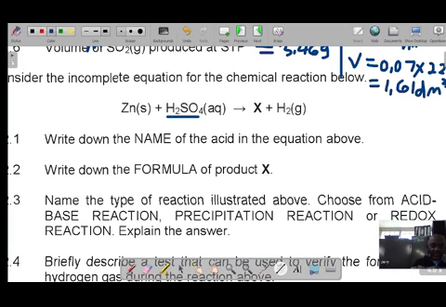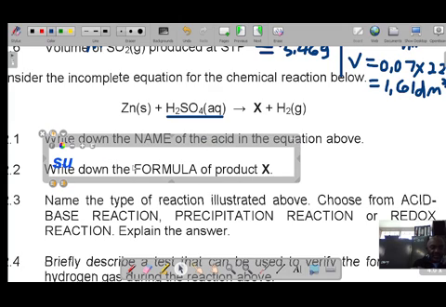So what's the name of this acid? It is called sulfuric acid.